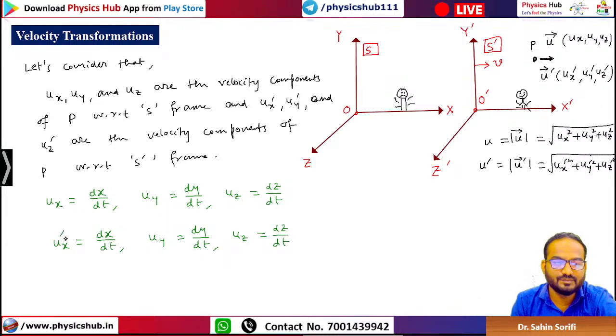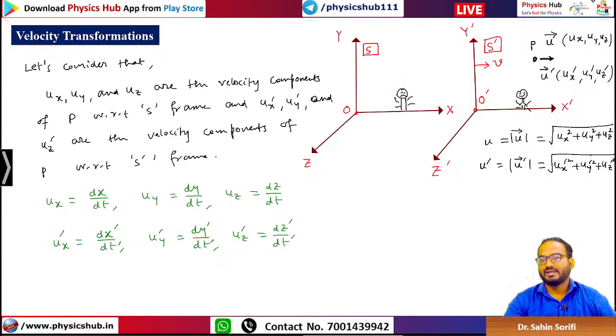We have got it from dx prime by dt prime for ux prime, uy prime is dy prime by dt prime, uz prime is dz prime by dt prime. Now what is our goal? Our goal is to find the relationship between ux prime and ux, uy prime and uy, and uz prime and uz, right?